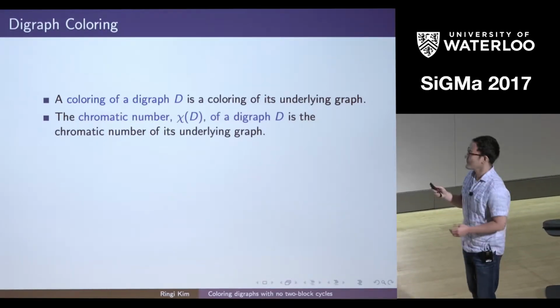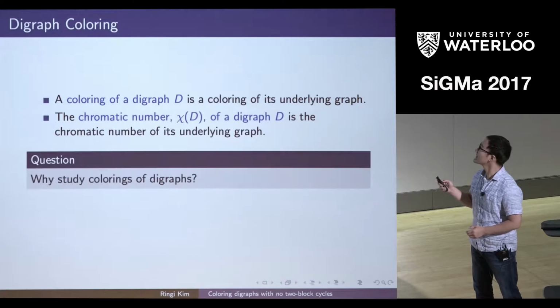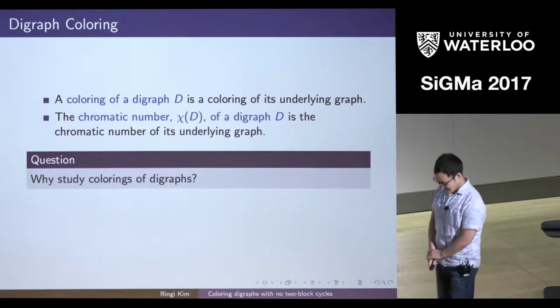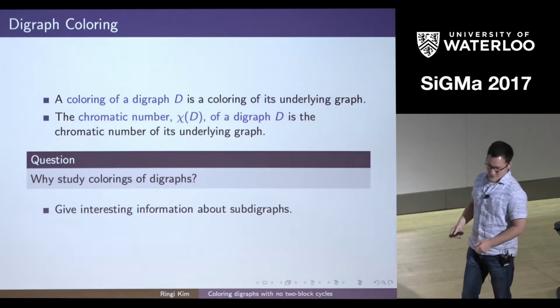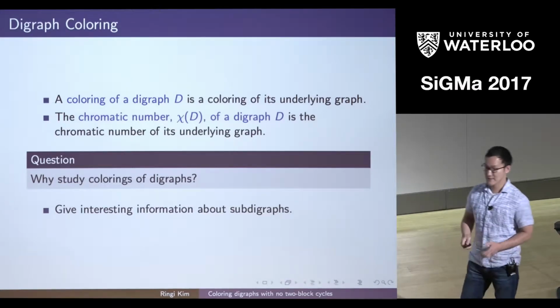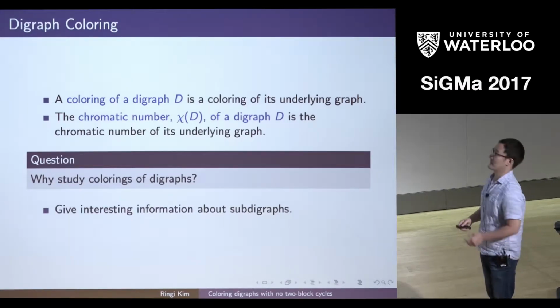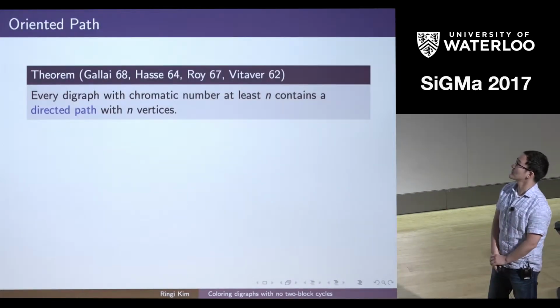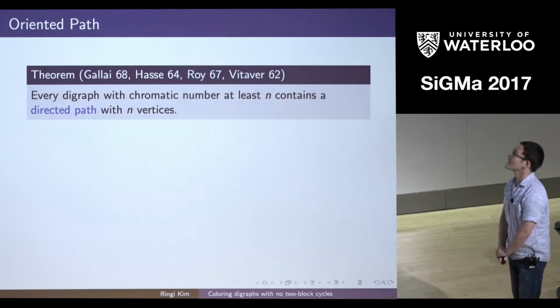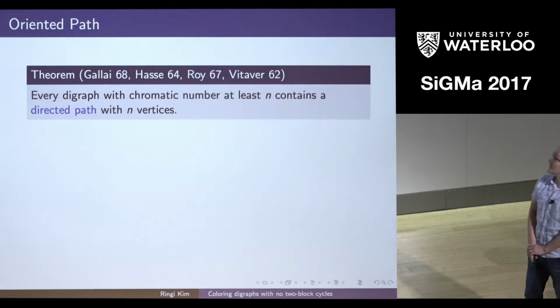Then why do we study digraph coloring? Because it turns out that the chromatic number of a digraph gives very interesting information about its subdigraphs. For example, this is a theorem of Gallai and Roy. Actually, this was proved by Gallai, Hasse, Roy, and Vitaver.